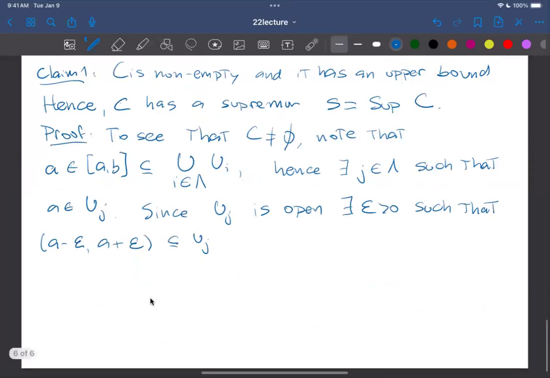Why are we doing this? Because this is the picture here. Here's my A, here's my B, not important at this point. What we're saying is some U_j, which is open in the real line, will contain A, but since it's open, it will contain an entire open interval, something like this: A minus epsilon, A plus epsilon.